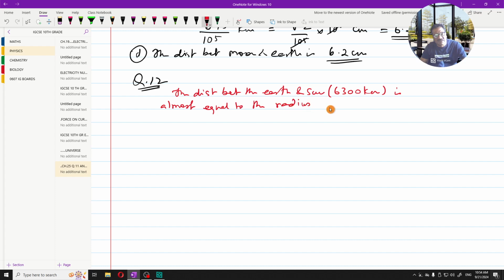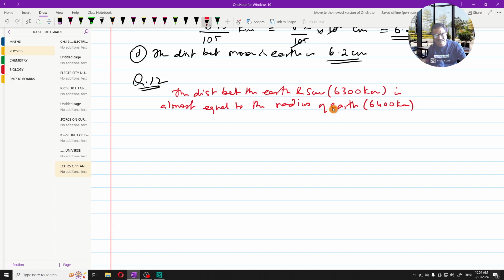Now the radius of the earth is 6400 kilometers, right? So 6300 kilometers is just slightly less than 6400 kilometers. So you can say that the distance between the earth and the sun, that is the converted distance according to the scale, is almost equal to the radius of the earth.